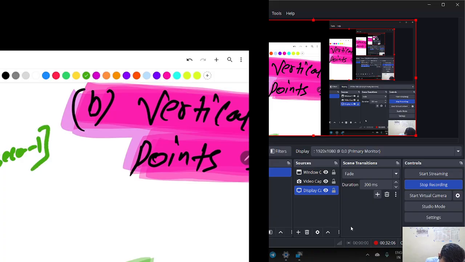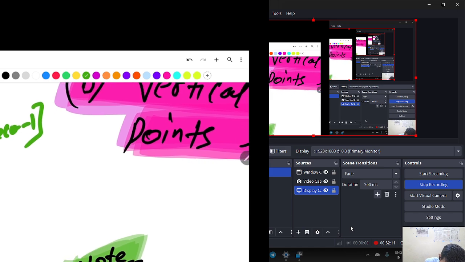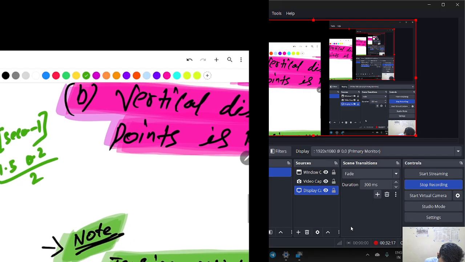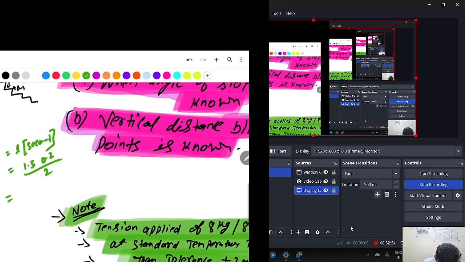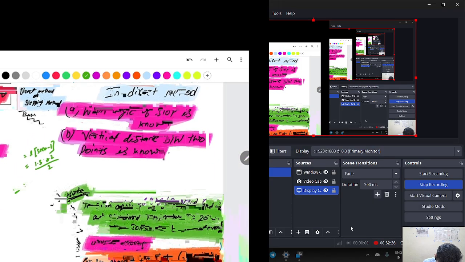Okay, and there is also 1.5 theta square upon 2.